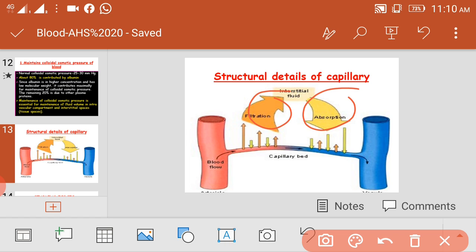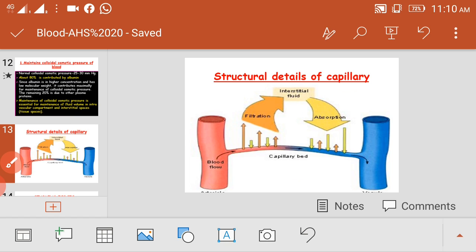Whatever I am explaining is what colloidal osmotic pressure is. That is very important for filtration and absorption at the capillary bed, that much you remember. So this is mainly maintained by albumin. That is the first function.